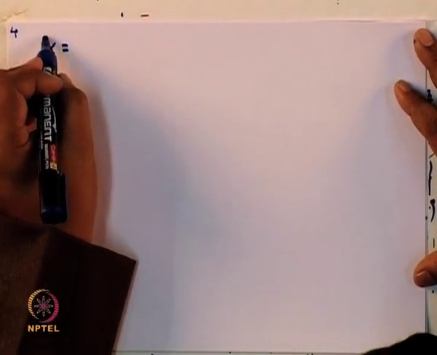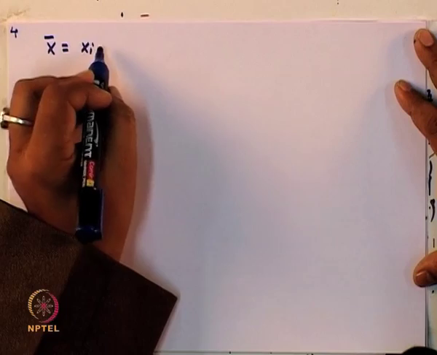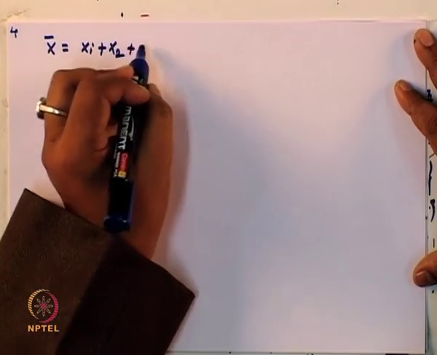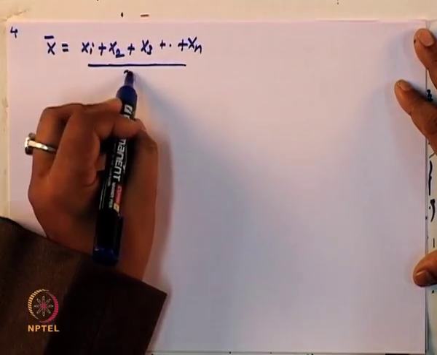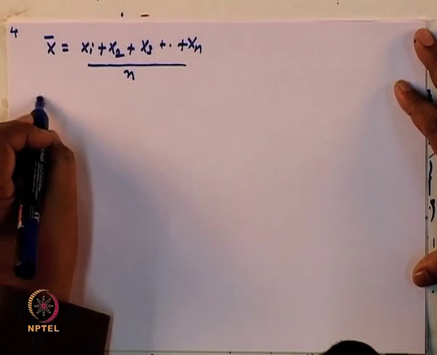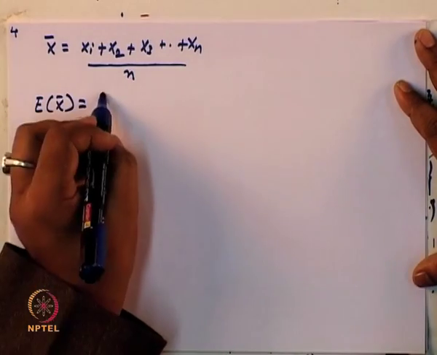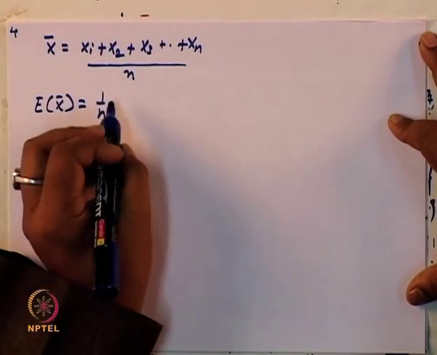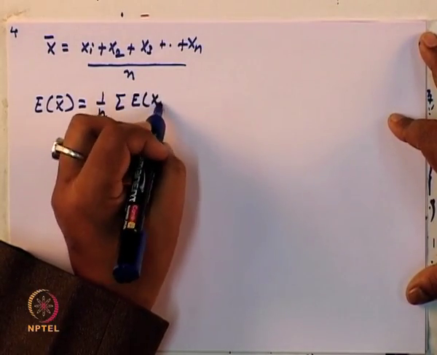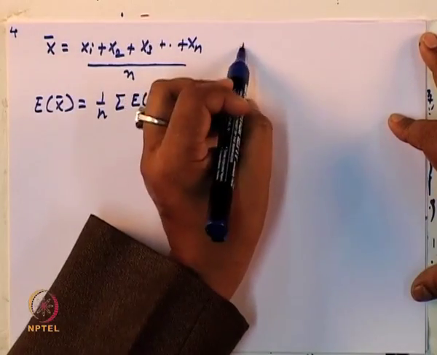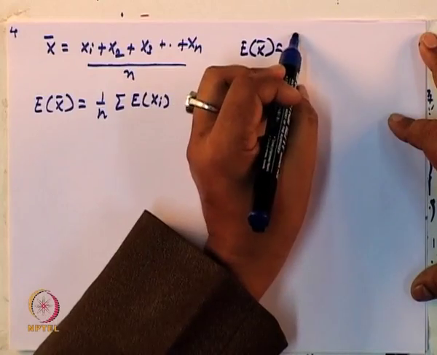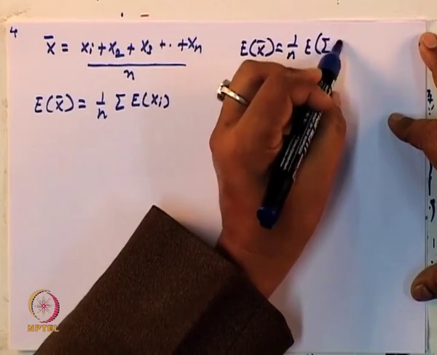For doing that, if I define x bar as x1 plus x2 plus x3 up to xn by n, then E of x bar is 1 by n summation E of xi, so E of x bar is 1 by n E of summation xi.